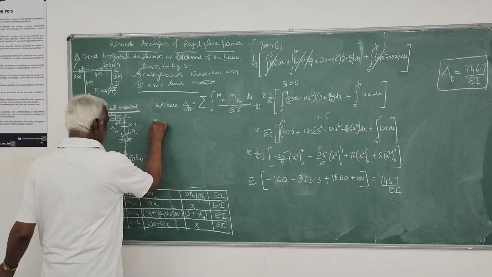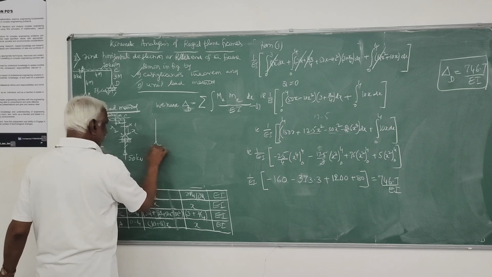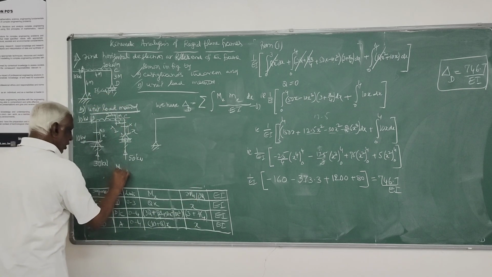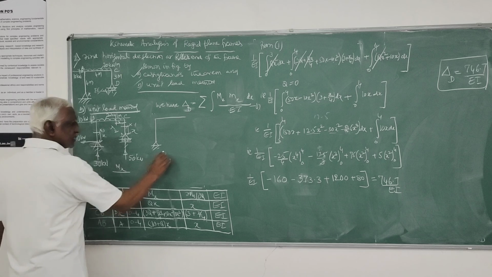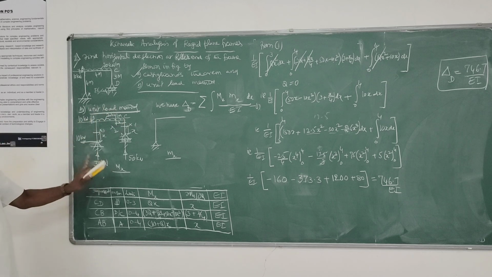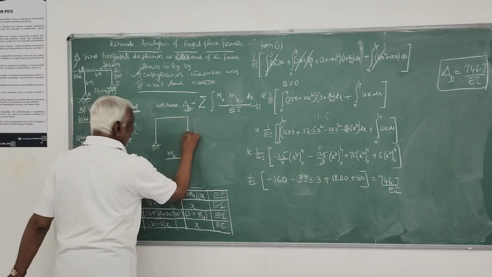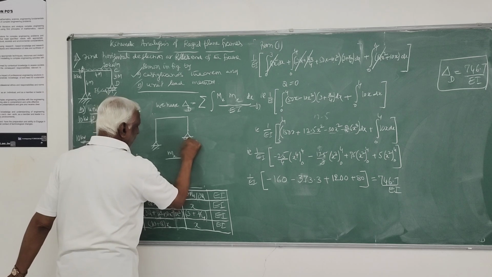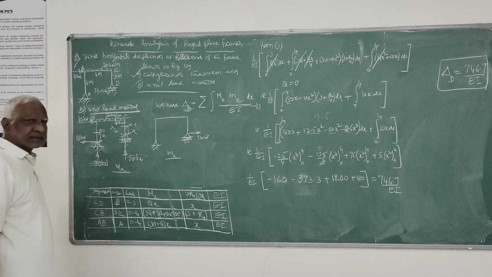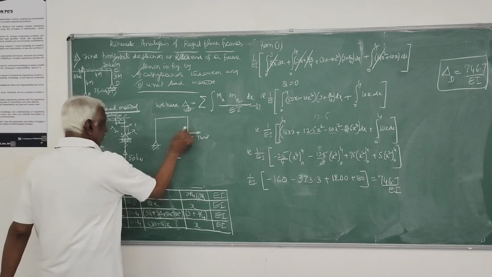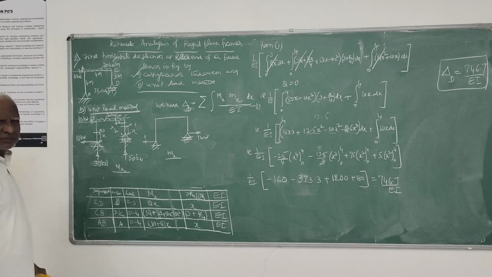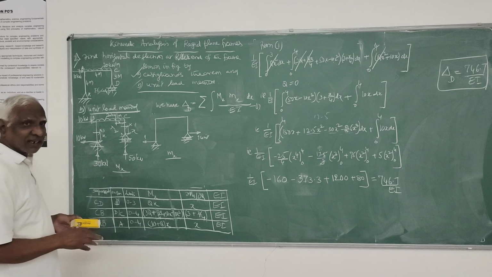Next, you have to apply a unit load because here for finding small mx at different sections, you have to apply unit load in the direction where deflection is required. So for this, here one should get 1, sigma H equals 0. Then V, vertical reactions.